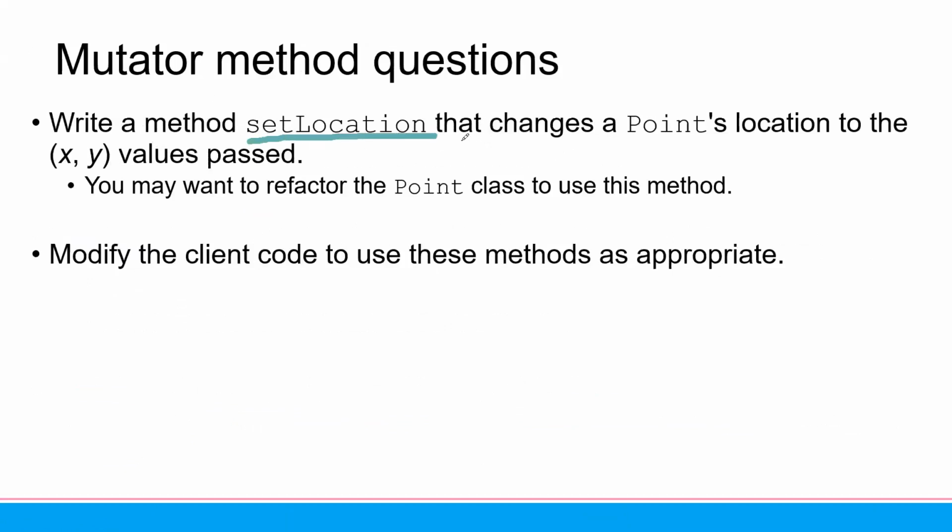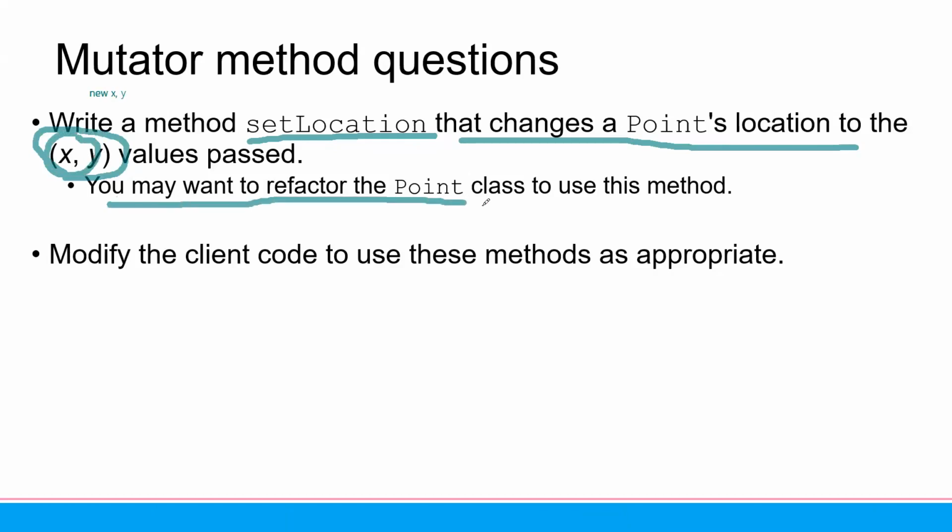The set new location will change the point location to the parameter x comma y. If you put a new x comma y into the parameter of the method, then it will change the value. So you may want to refactor the point class to use this method. You can also modify the client code to use this method as appropriate.